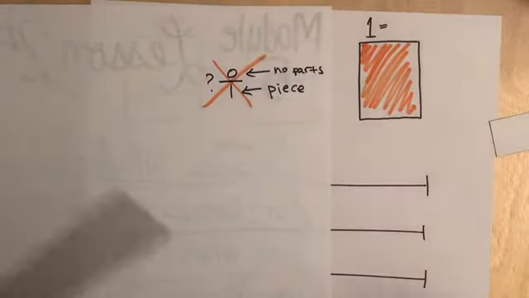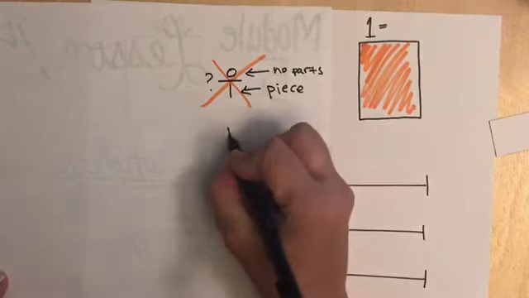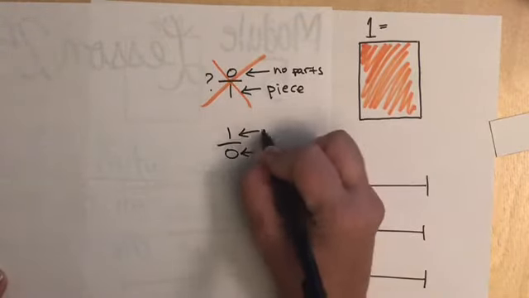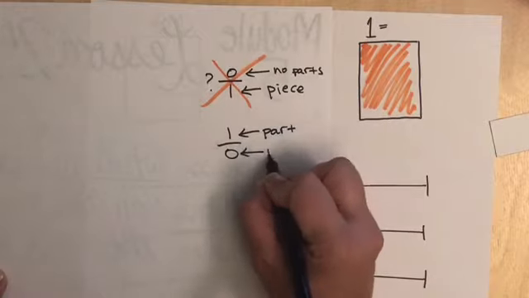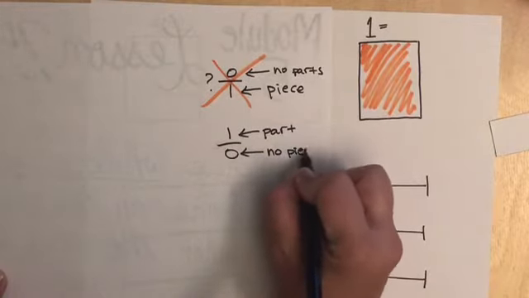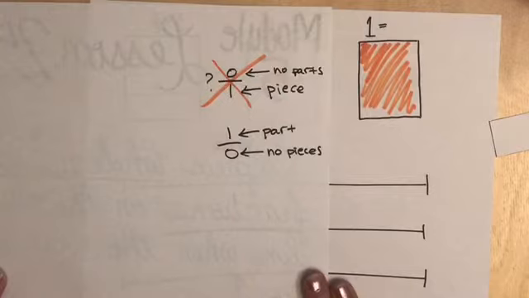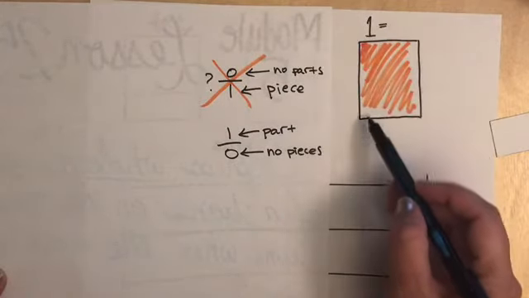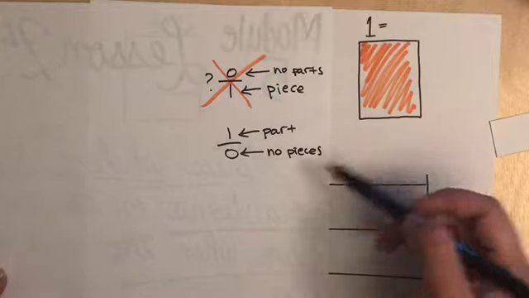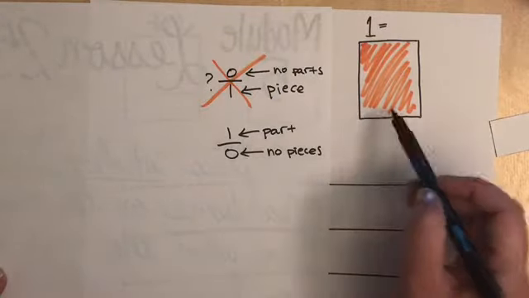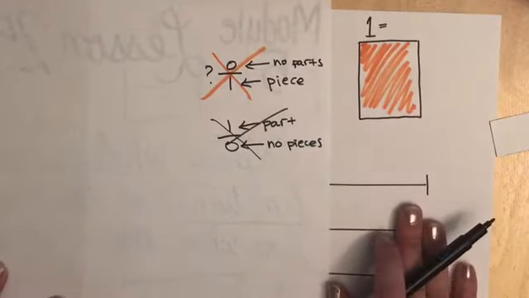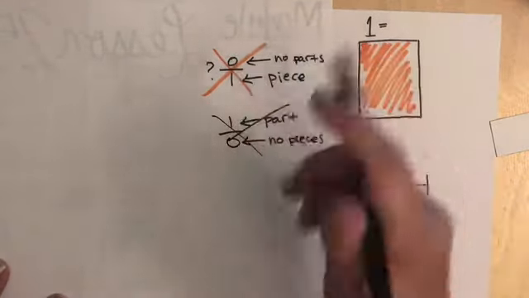Would we write it as 1 over 0 because we have one part, but it is divided into no pieces? Well, that wouldn't really make sense because I have one whole piece right here. So again, this shows that we have nothing, but we do. So that's not going to work either. So what if we took our 2 ideas and we put them together?